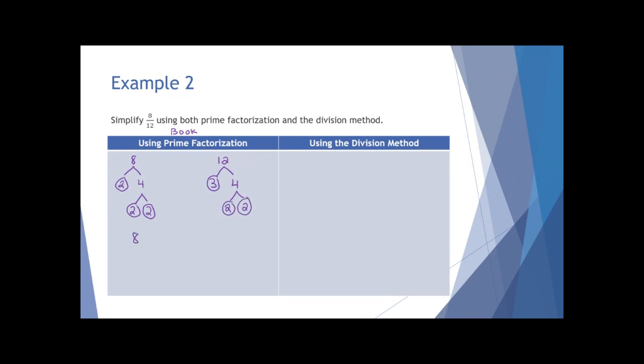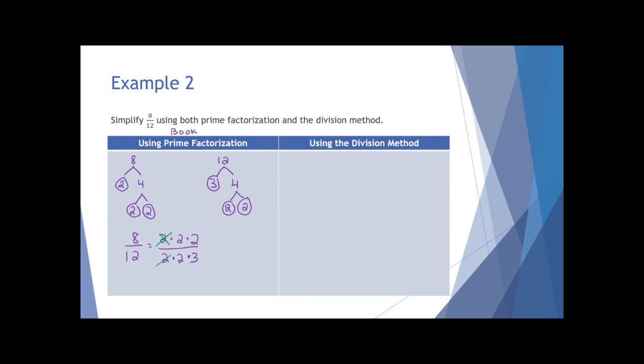So the way the book does this is that we have 8 over 12. 8, if I write the prime factorization, is 2 times 2 times 2. 12 is 2 times 2 times 3. And then anything that's the same on the top and the bottom, you can cross out.